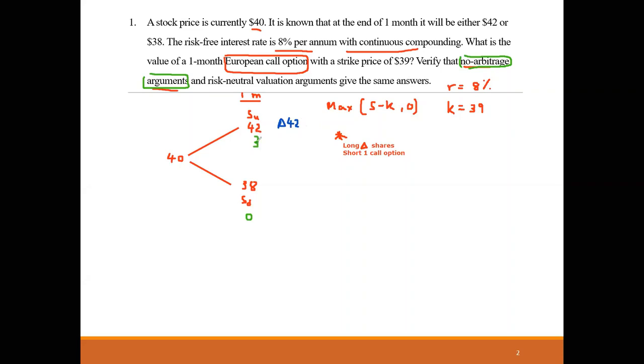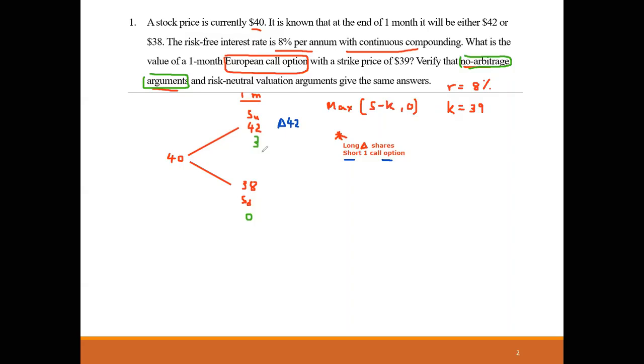Also, over here you have taken a short position in a call option. Since you have a short position, this 3 is the payoff to the option holder.